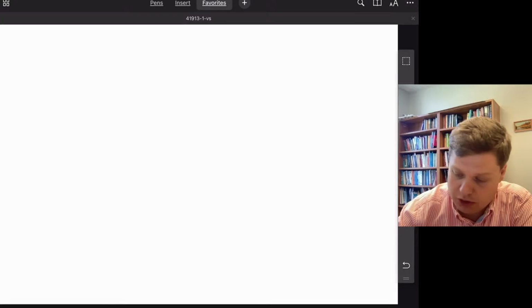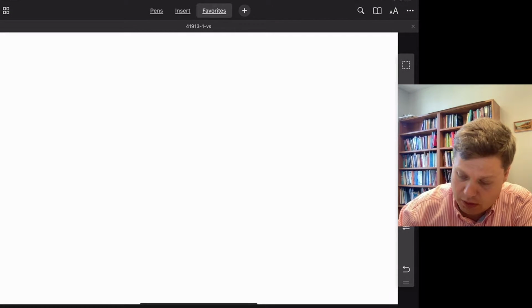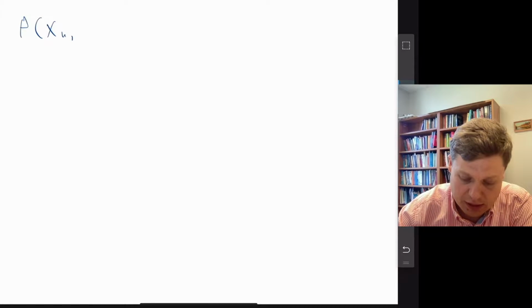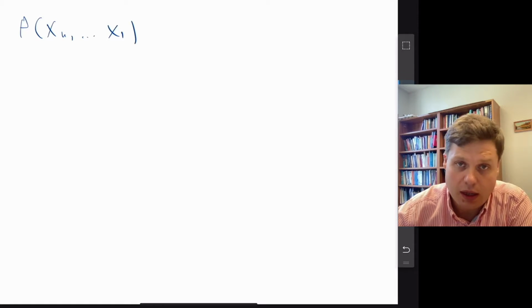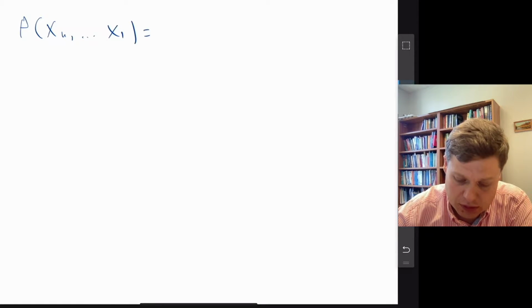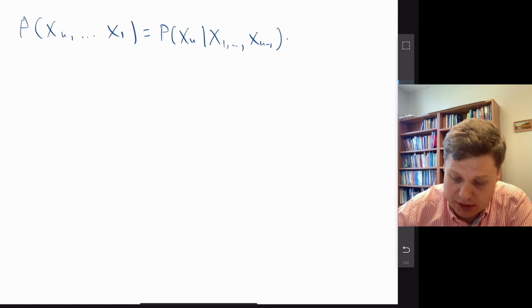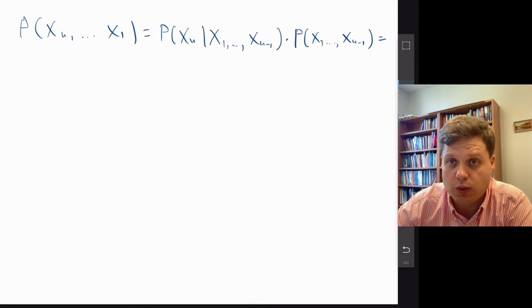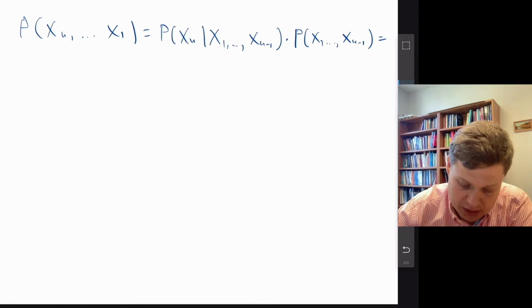You remember, let's say you have a joint distribution over n variables, xn through x1, and you can use this telescopic rule. It's the conditional of xn on everything else, x1 through xn minus 1, times the joint over x1 through xn minus 1, and then you can take this joint and again expand it using the conditional.